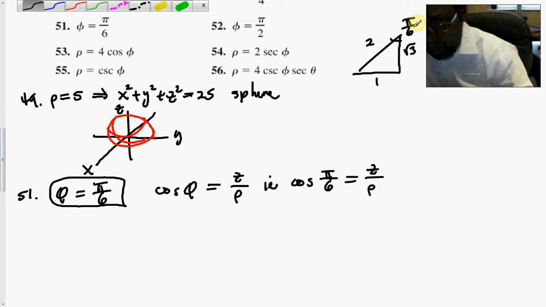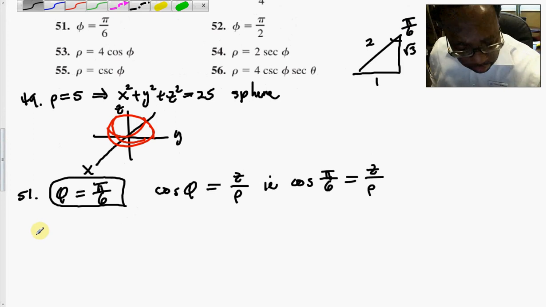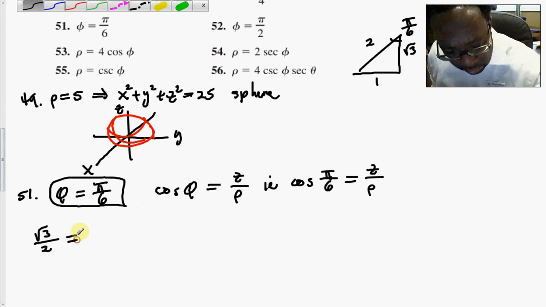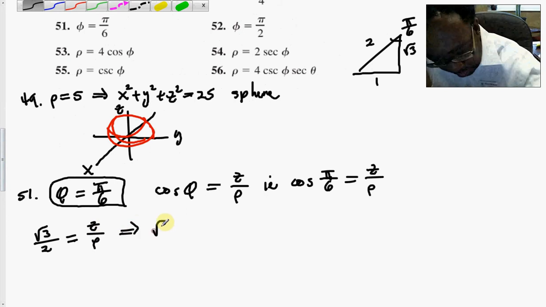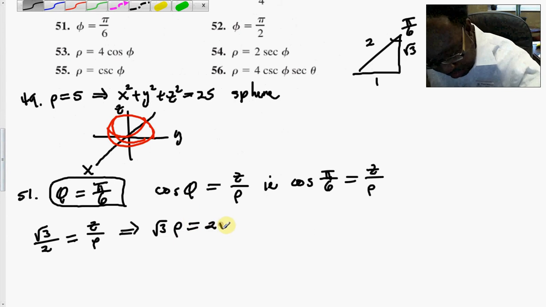So the cosine would be the square root of 3 over 2, which is equal to z over rho. This implies, by just cross multiplying, that the square root of 3 times rho is equal to 2 times z.